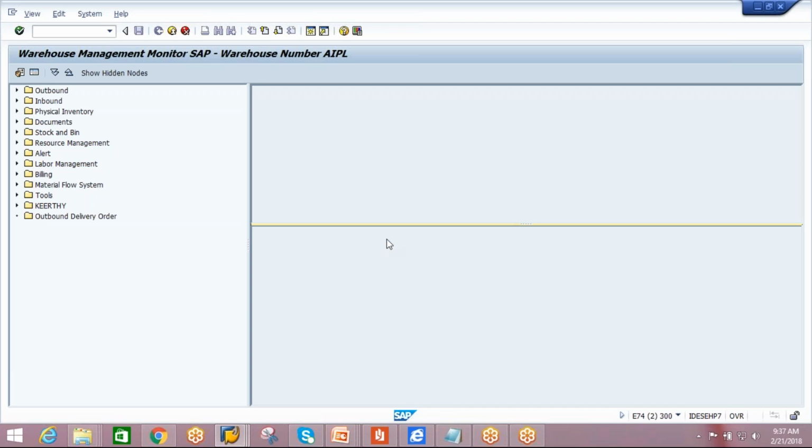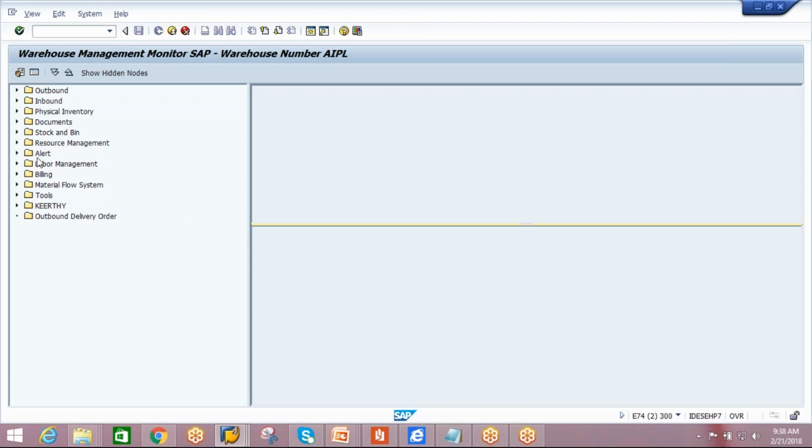First it is vertically divided into two parts, and again the right side vertical portion is divided into two parts. This is the header area and this is the item area. In further classes maybe daily we will open this monitor. Okay, just have an overview.